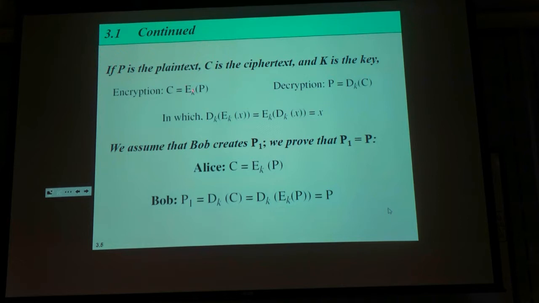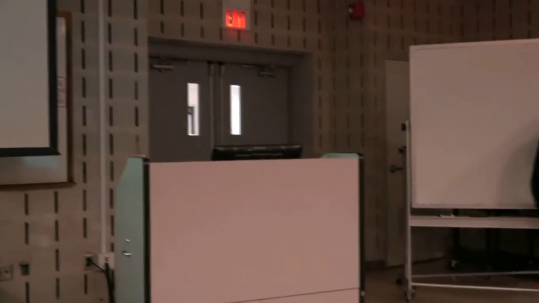You encrypt the plain text using the key, and you get the ciphertext. What is decryption? It is the reverse process. D for decrypting the ciphertext using the key, and you get the plain text. As simple as that. It can't be any simpler, right?